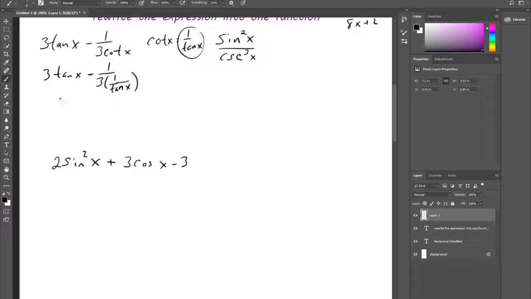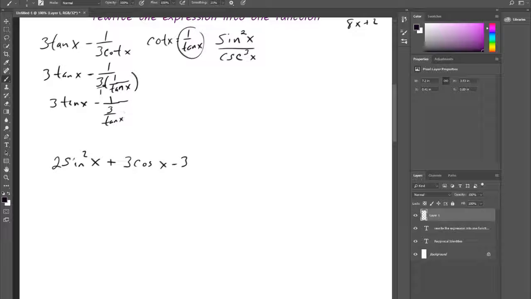Just rewriting this, 3 tangent x minus, now all of that would be 1 over, and this would be 3 over 1 times 1 over tangent x. So that's going to be 3 over tangent x.